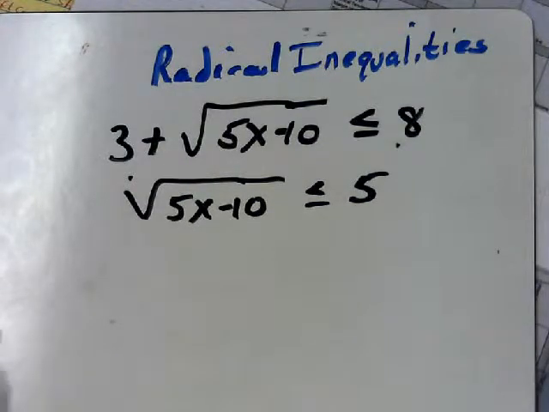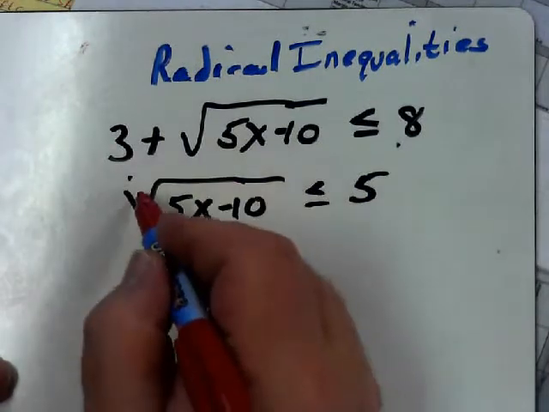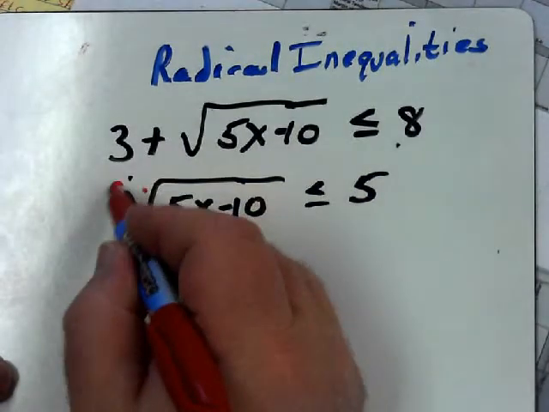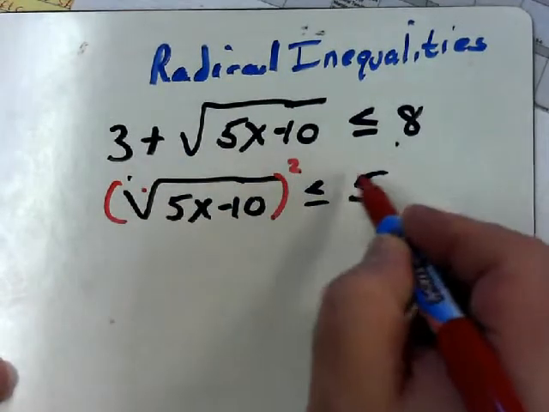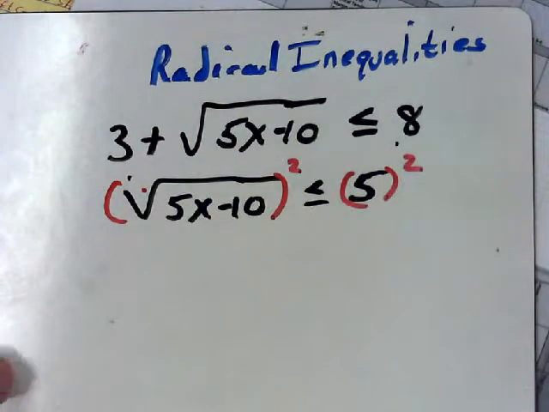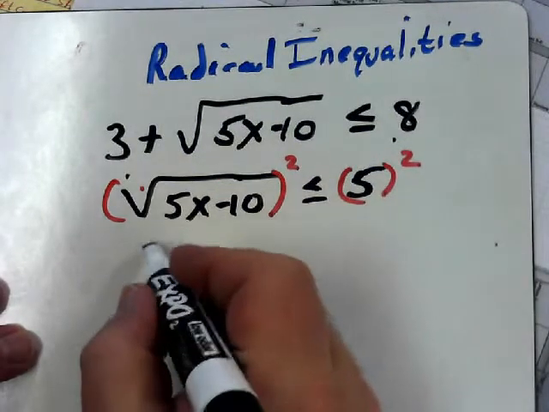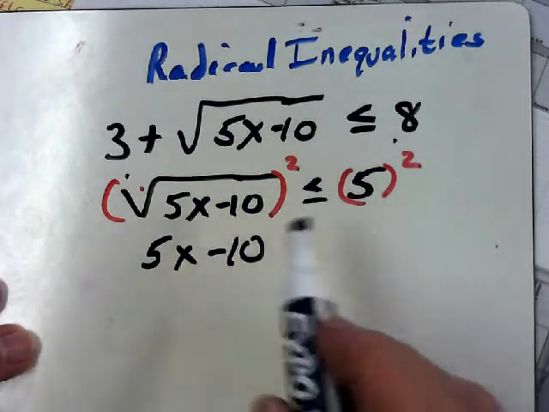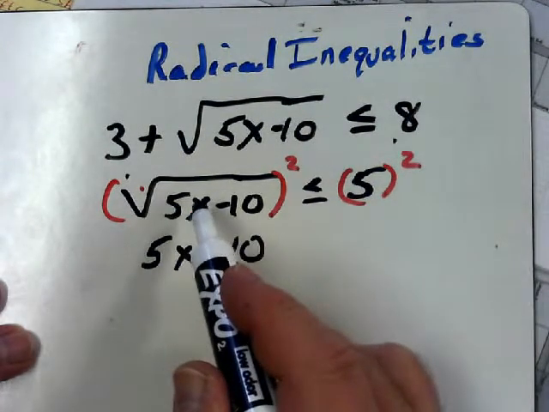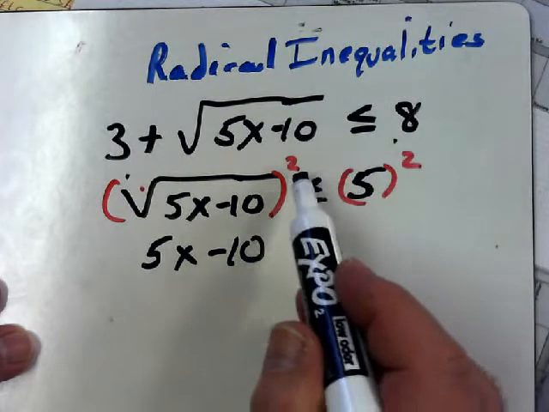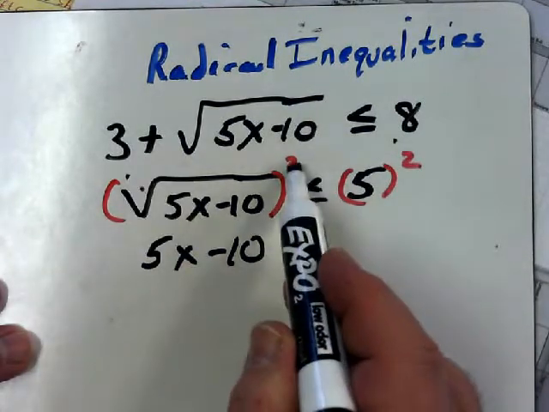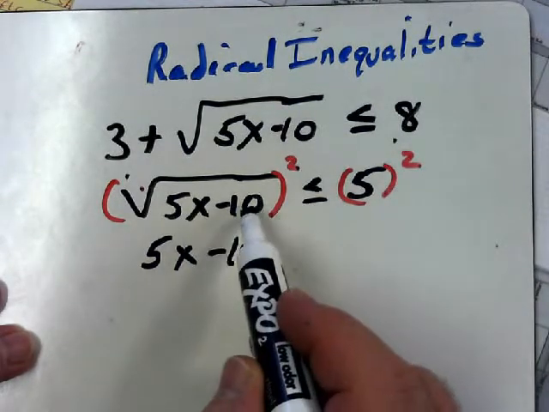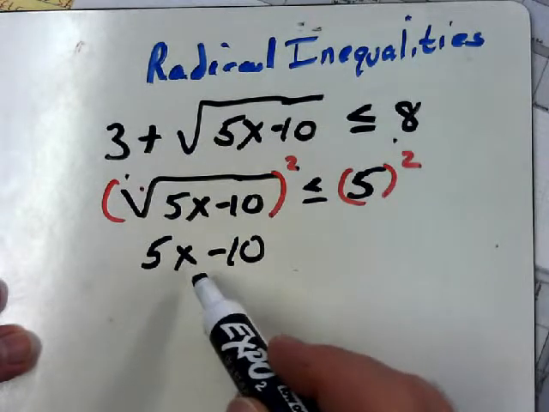now? Square it. Okay, in this case, the index here is 2. So I can square both sides. So when I do that, I have 5x minus 10, because yesterday we talked about a radical that has an index of 2, and you square it, ends up with the same thing that's inside the radical without the radical.